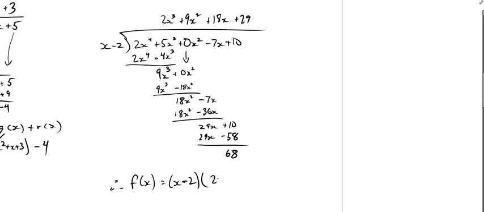So this is 2x cubed plus 9x squared plus 18x plus 29, bracket, plus 68. d at x times q at x plus r at x. Divisor times the quotient plus the remainder, equal to the dividend, what we call the dividend.